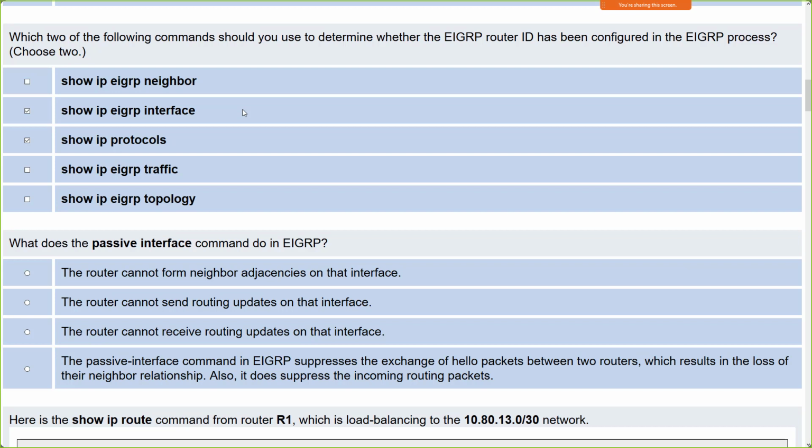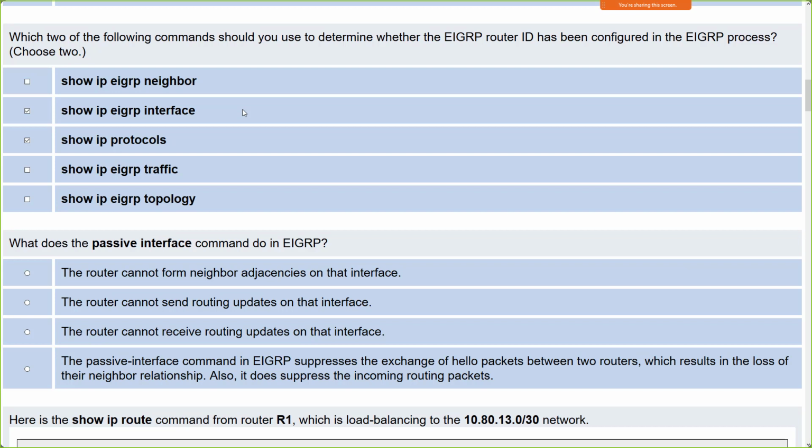I would say certainly show IP protocols will tell you what the router ID is. I still couldn't assume that it was automatically selected, though. Even if I have an interface with that address, I still could have manually configured the router ID. So I don't necessarily agree with how this question is worded, but that's a standard Cisco thing.